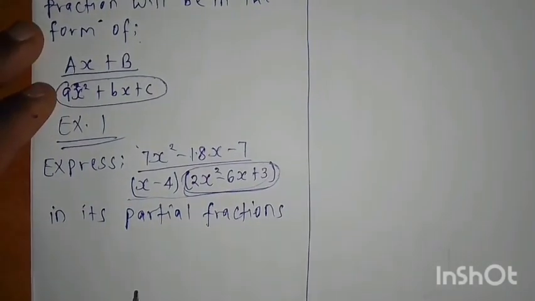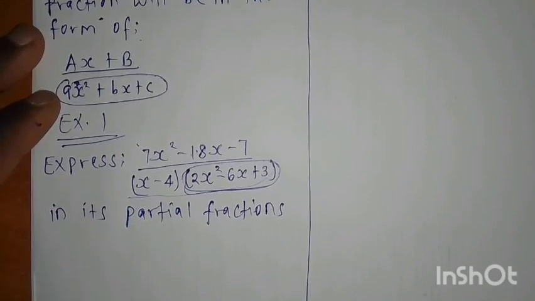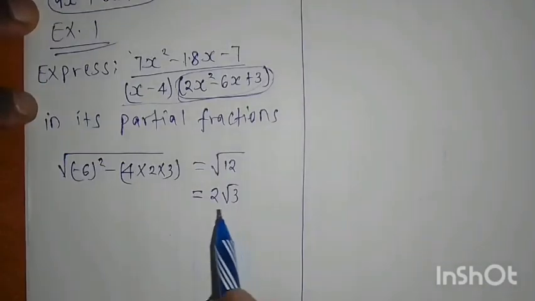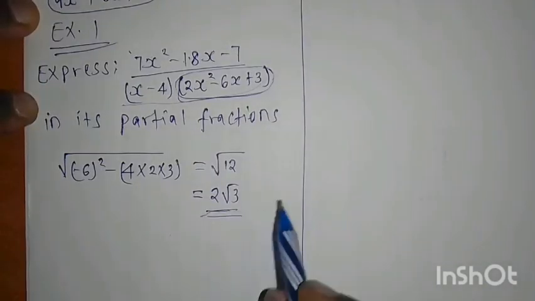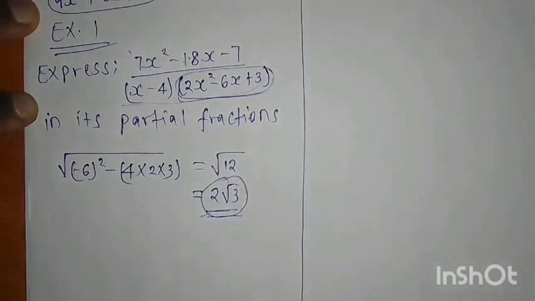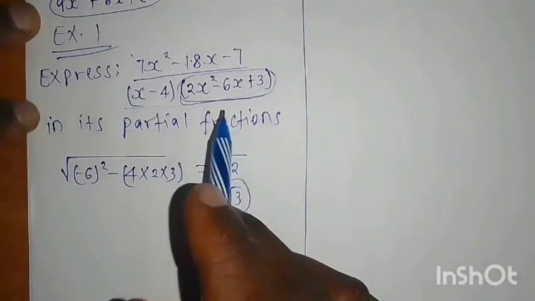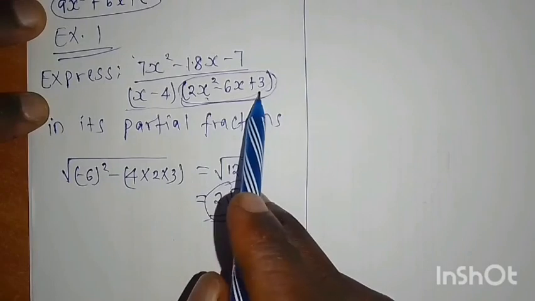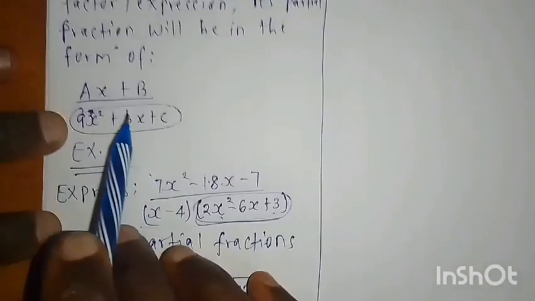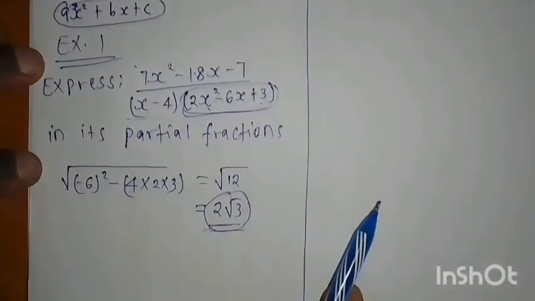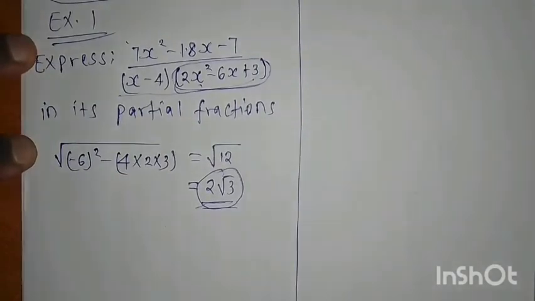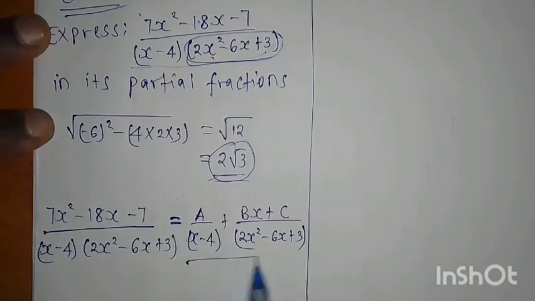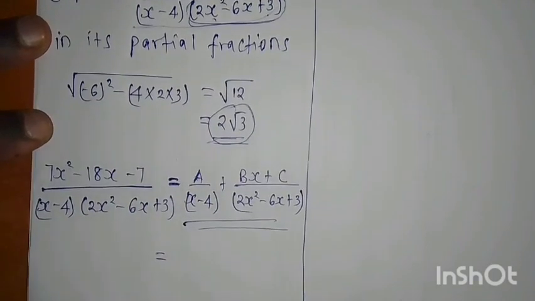Our test is, when we carry out this test, we find this number, which is not a real integer. So that means that we cannot factorize this expression. So according to this rule, this expression can only be expressed as, and this can also be expressed further as.